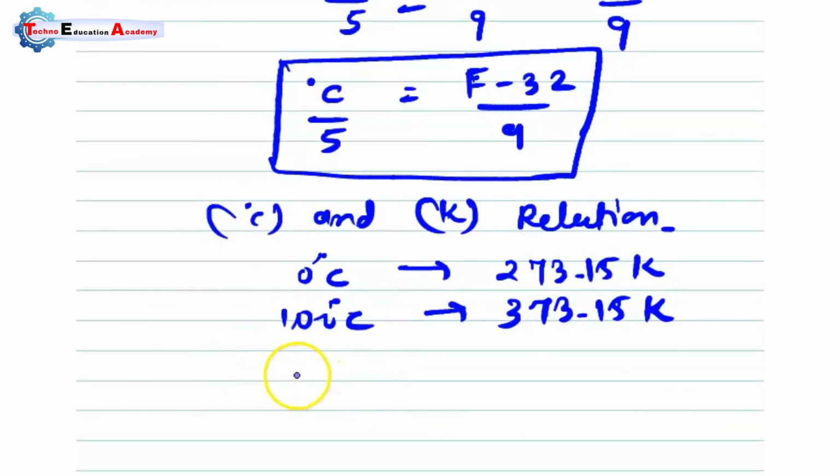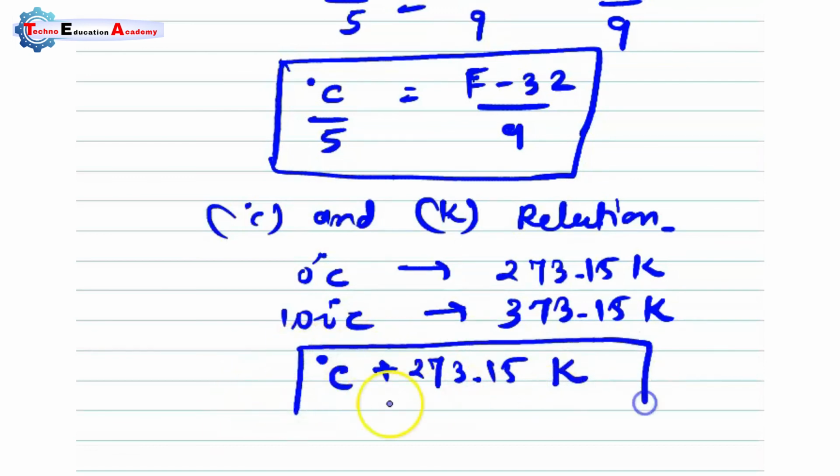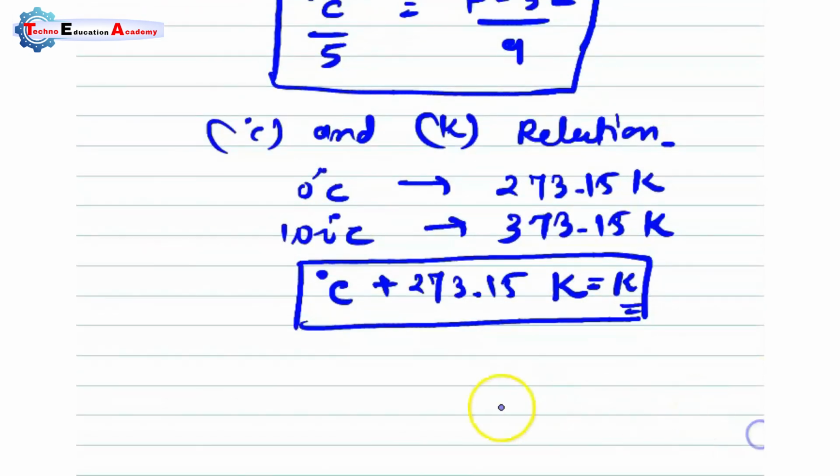So we can add 273.15 to each and every degree Celsius to get the Kelvin scale. So any degree centigrade plus 273.15 converts degree centigrade into Kelvin, and we can get it in the Kelvin form.